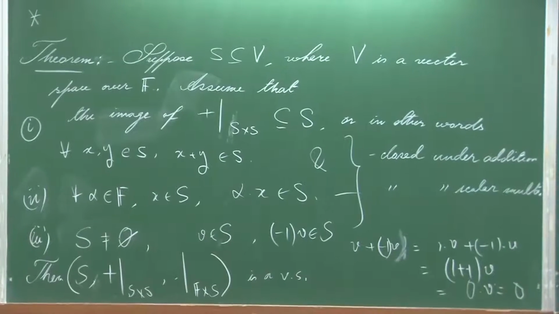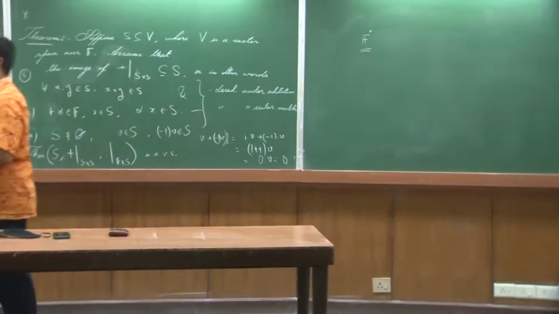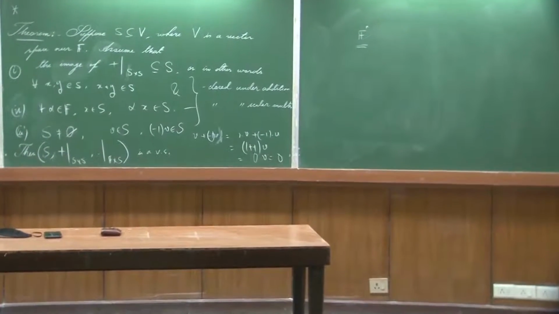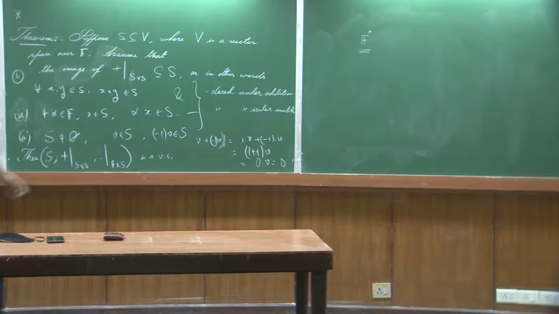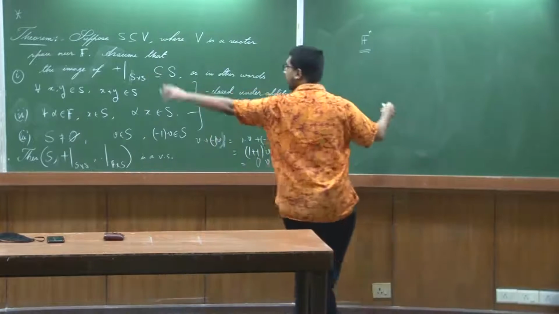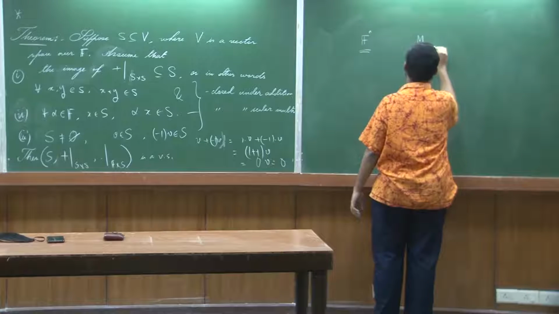So, the main thing is Fn, and also for the solutions, the addition and multiplication are actually coming from Fn. So, Fn is the main thing, you may regard, and similarly for the space of matrices, this is the main thing.